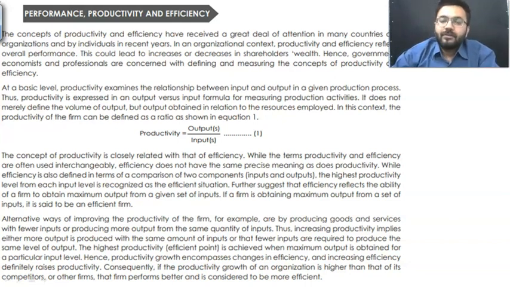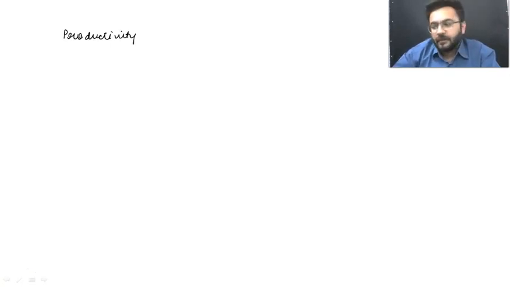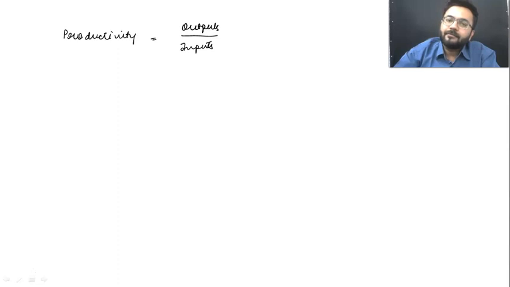So the next concept today is, if I talk in layman language, about productivity, how are we going to find out whether our productivity is performing well or not? So sir, that's very simple. We are just going to find out how many inputs we are using, and using those inputs, how many outputs can be prepared, right?